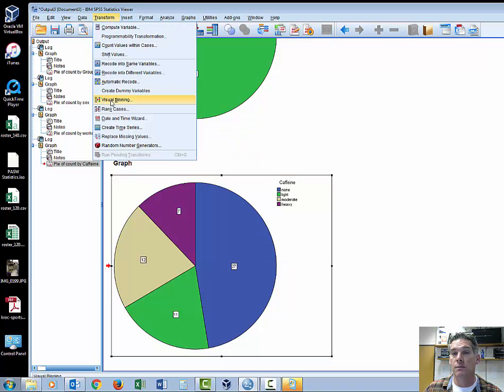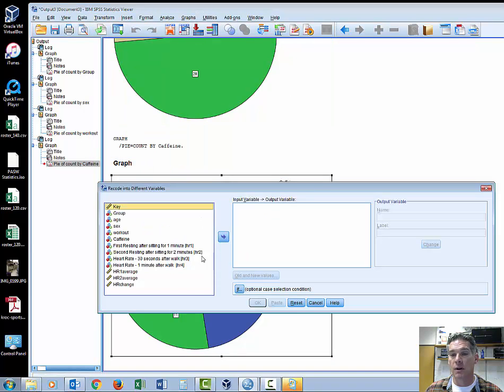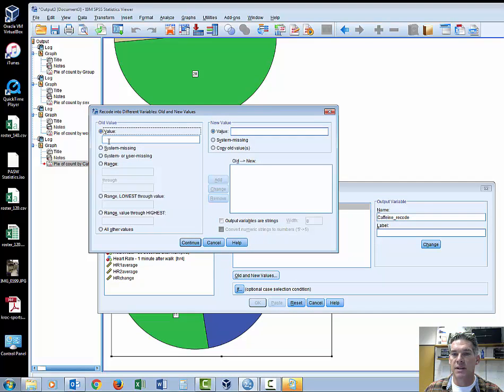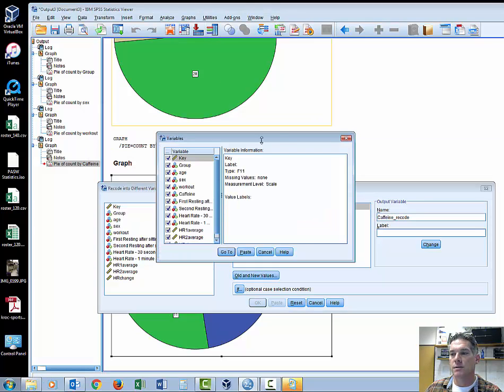We're going to recode, transform. Let's recode these into different variables. We're going to do caffeine recode. So we're just going to say use caffeine or not. So the value of 1, let's put 1 and 2 together, and then 3 and 4 together.